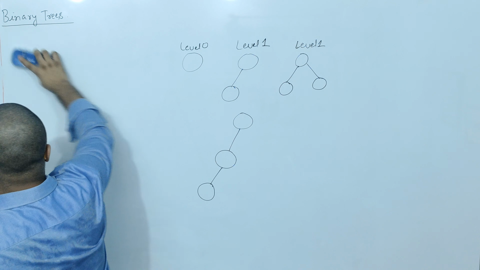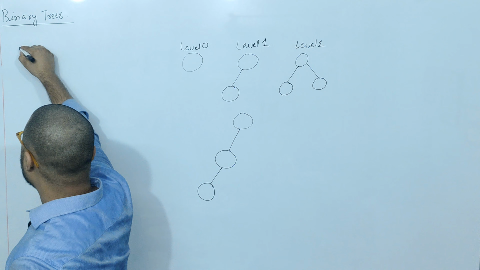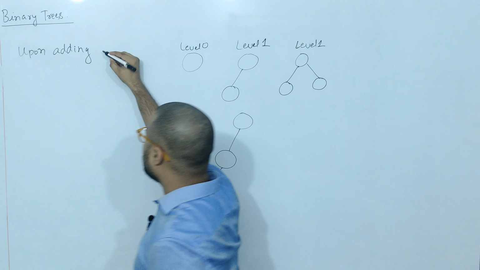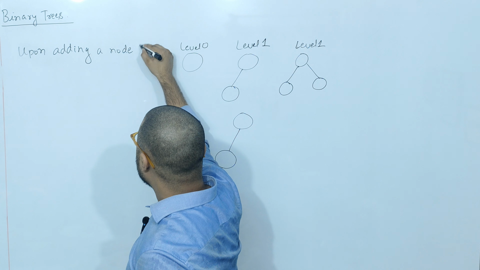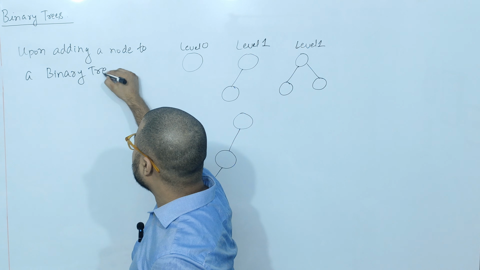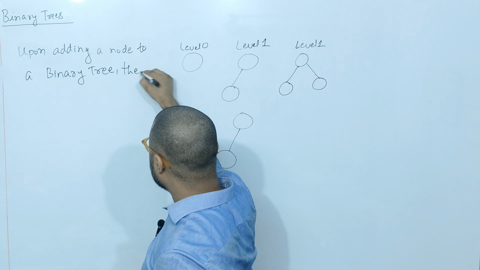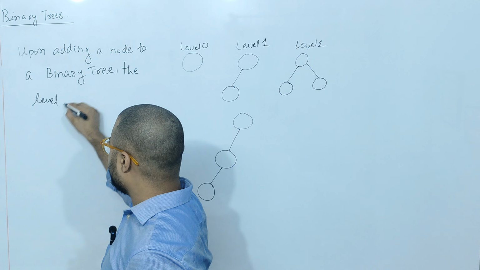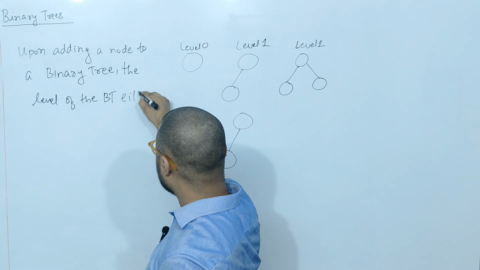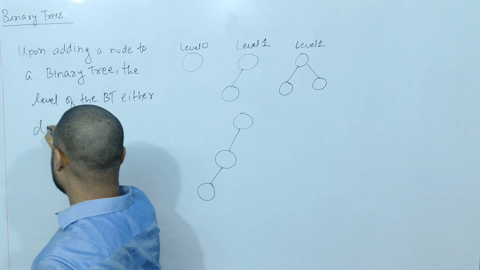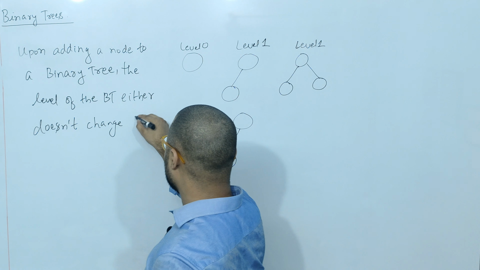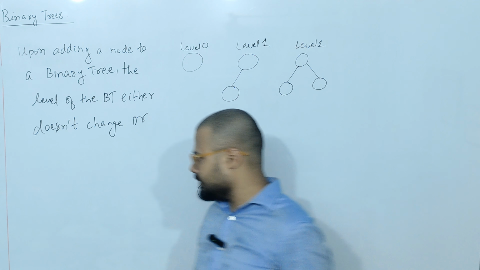Okay, upon adding a node to a binary tree, the level of the binary tree either does not change or it may increase by 1.